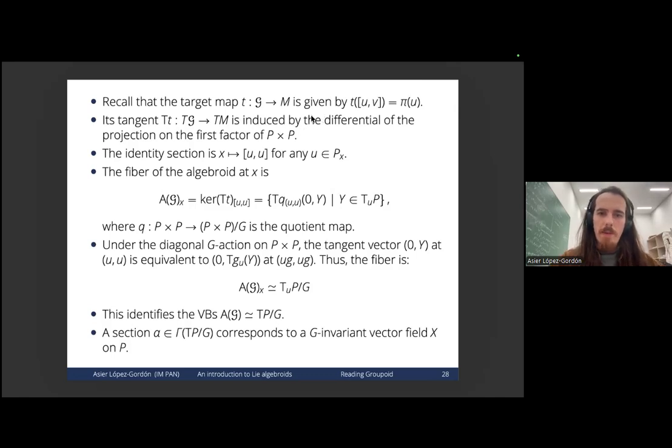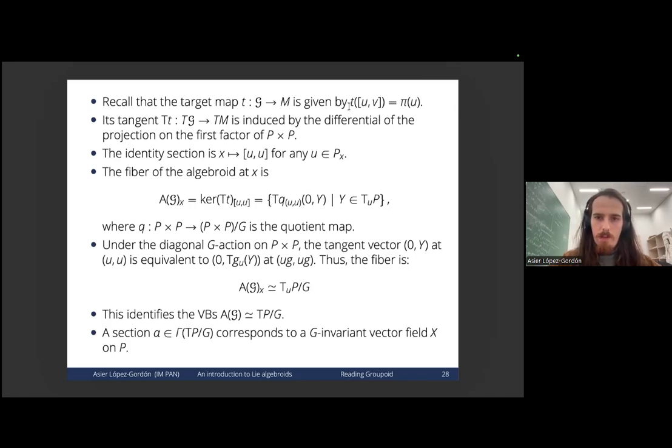So the tangent map will be related with the projection on the first factor of the product manifold, and the identity associates to a point X on the base manifold M an equivalence class of the pair U with respect to the diagonal action. The fiber of the algebroid at a point X is by definition the kernel of the tangent of the target evaluated at the identity.